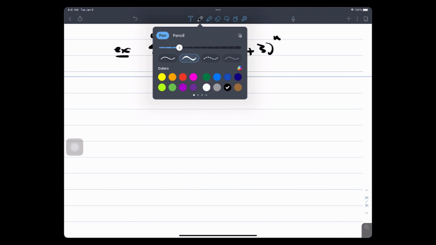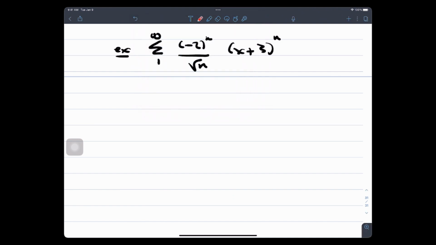So what test do you guys think you want to use here? Anybody have an idea? What should you use for this? Ratio test? Why not the root test? Yeah, you don't have n for every term, that power of n for every term.